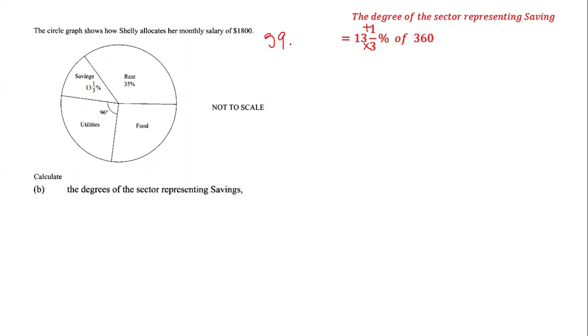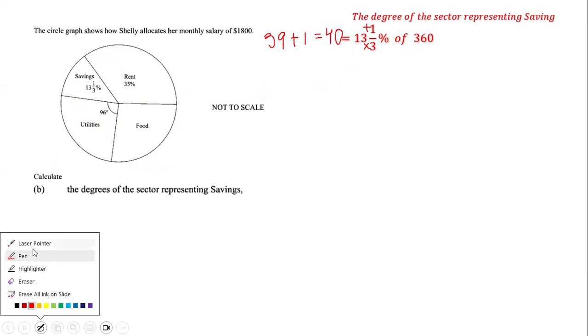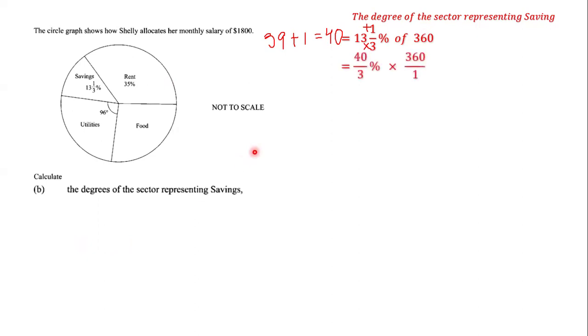Now we add 1, and 39 plus 1 is 40. So we put 40 as our numerator for our improper fraction. Next, we keep the same denominator, which is 3.